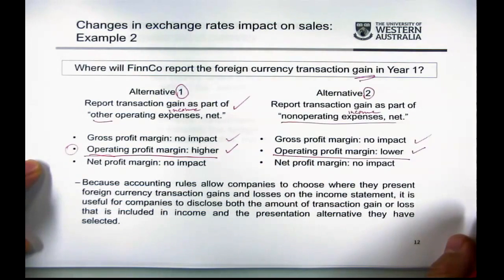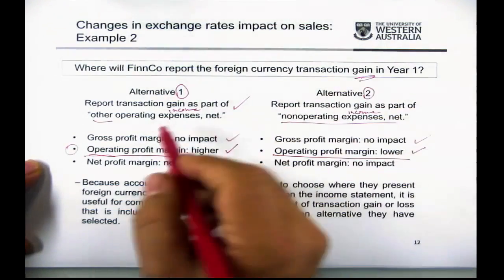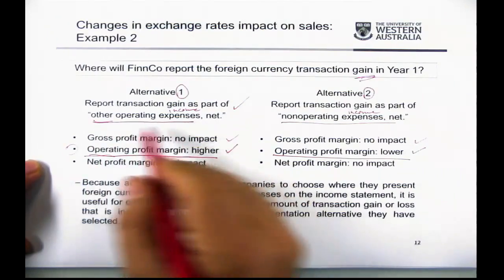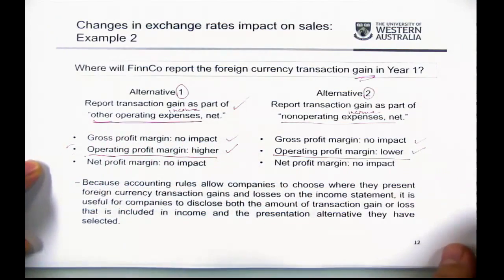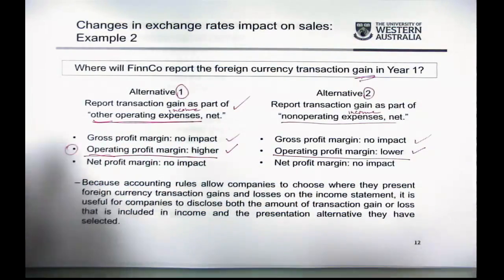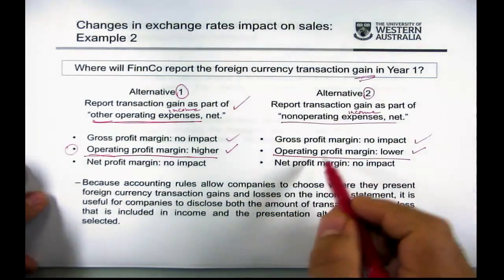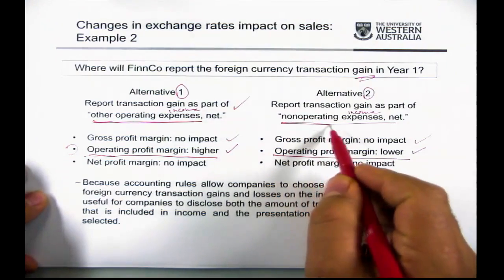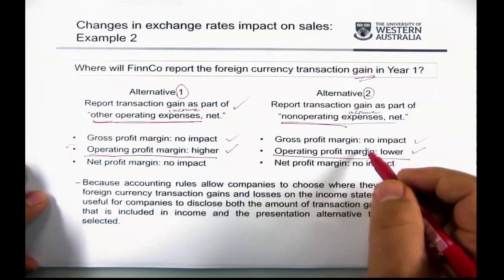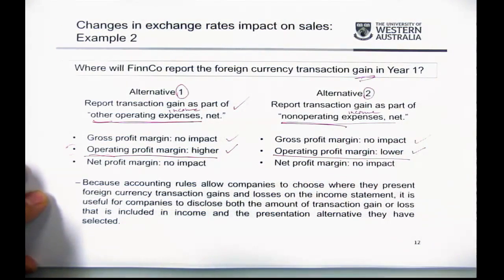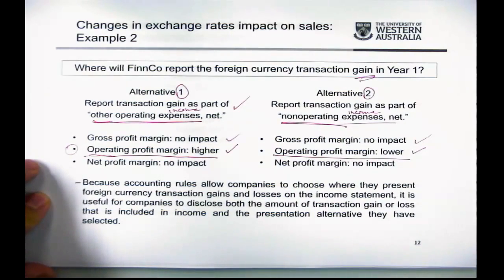Make sense? Why is that? Because the gain here reduces the operating expenses, which means that the margin will be higher. But the gain here is reported under non-operating, usually under financing, and that doesn't affect the operating margin.